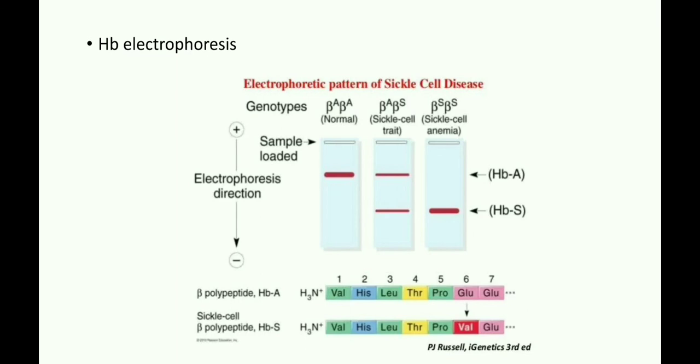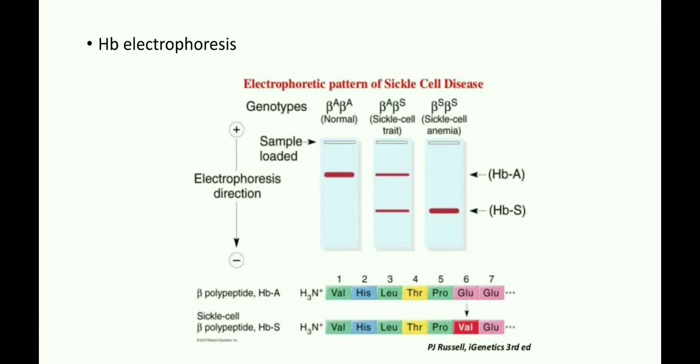At the same time, in sickle cell anemia, the sickle cell disease, you get a very dark band because both are HbS. The HbS band is so darkened, and you can see two lines are obtained in case of a sickle cell trait, whereas you get one line in sickle cell anemia.